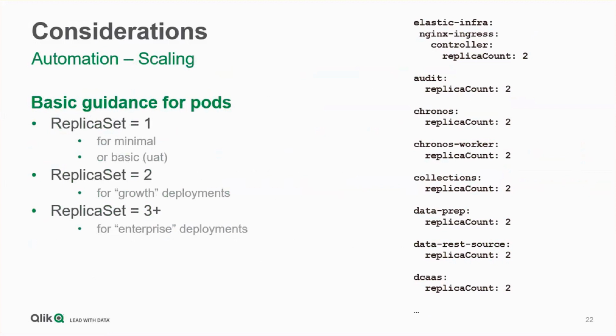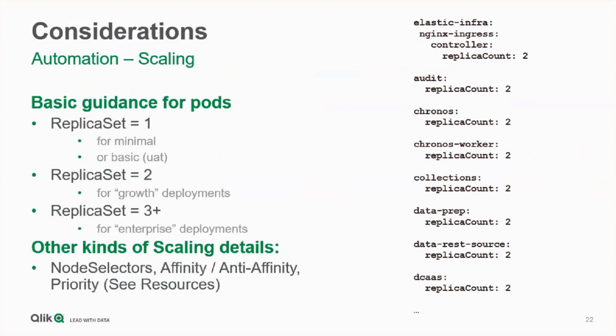And so what we generally say is, if you're just setting this up for the first time, in the example I showed you, we only have one replica set, right? But as you begin to think about moving this into UAT, you'll need to increase the number of replicas that are out there for your users, right? But there are other kinds of scaling details too.